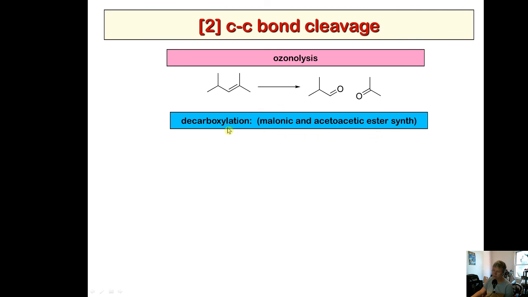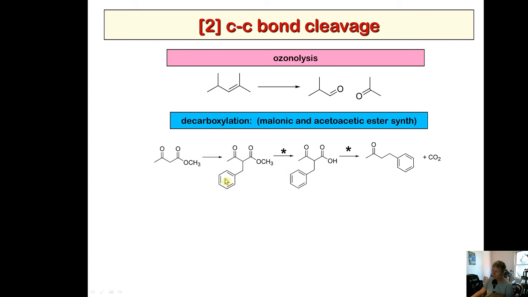Decarboxylation is a kind of new one. Malonic and acetoacetic ester synthesis show this way of cleaving off CO2. Remember the basic idea of it. This is an example of a malonic ester synthesis where you start with acetoacetic ester. Malonic has 2 esters. The acetoacetic one has 1 ester. So attach an R group, benzyl in this situation, and then add acid.